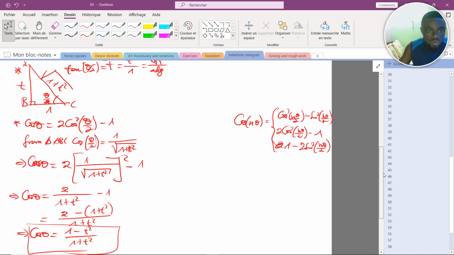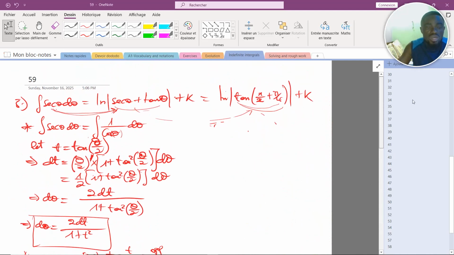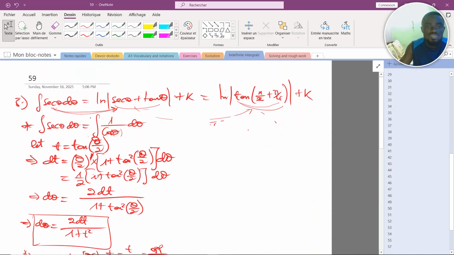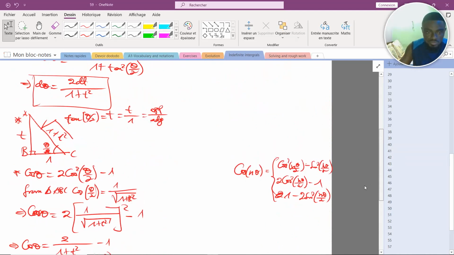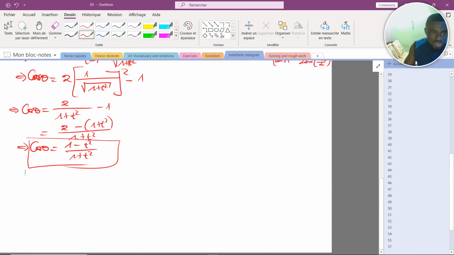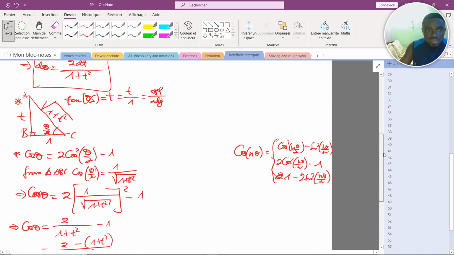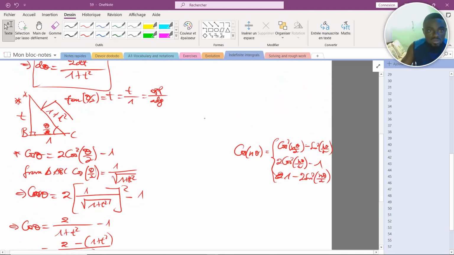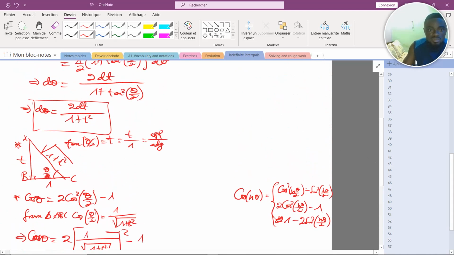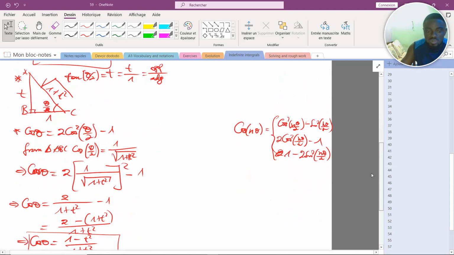Having found our cos theta and d theta, we can then go and substitute inside here. So it implies the integral of 1 all over cos theta d theta, which is sec theta, will be equal to, I'll substitute my d theta. What's d theta? Let me go back. D theta is simply equal to 2 dt all over 1 plus t squared.